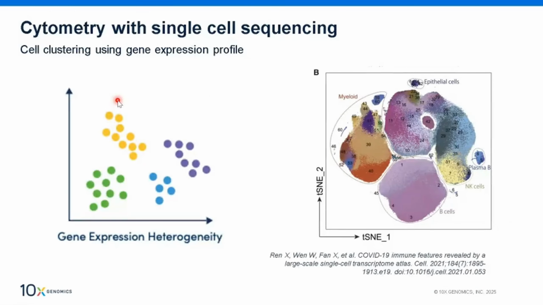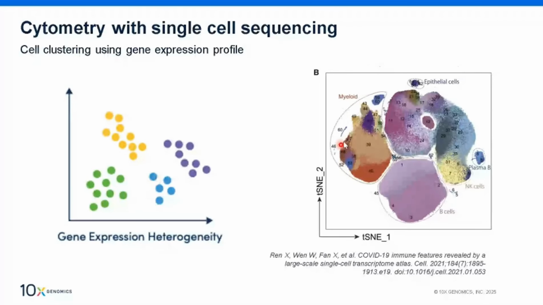By using a clustering function, meaning that sets of genes that are similarly expressed between cells, we will cluster them together. So all cells here have a very similar gene expression profile, but they are distinct from, let's say, this set of cells. This set of cells shares a similar expression profile but is different from the other set. Okay, so this is just an illustration.